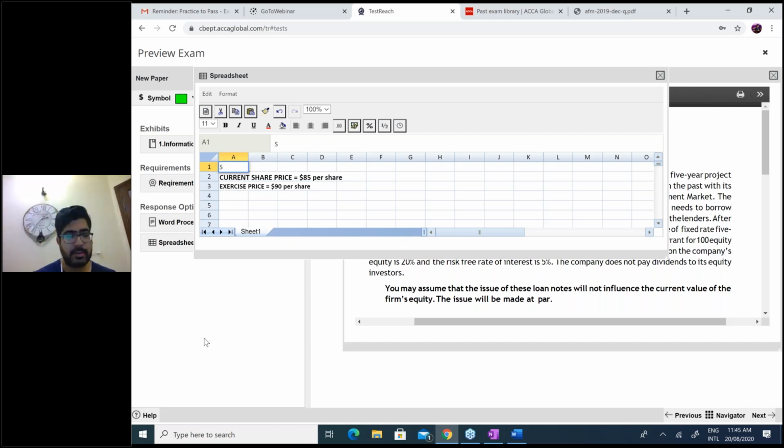So let's start the steps. I told you that step 1 is to find PA, PE, R, S, T. So PA is the current share price, called PA. Exercise price is 90. That's PE.